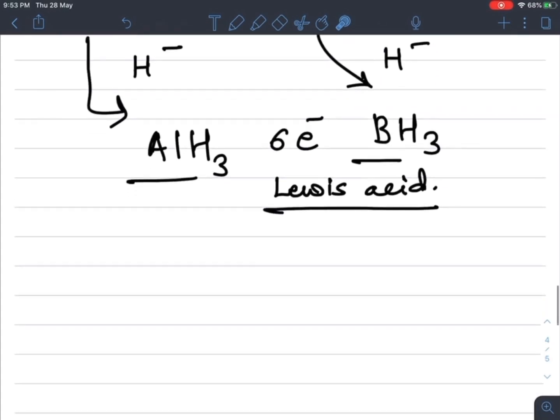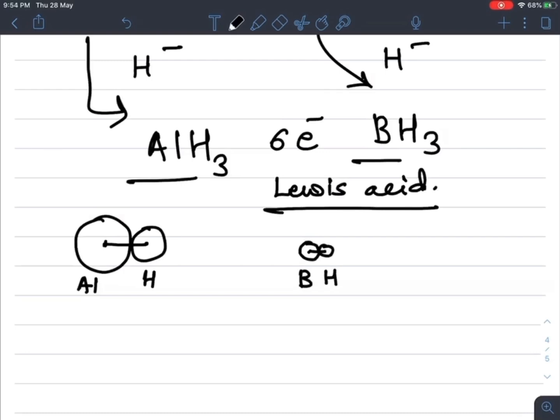Now LiAlH4 is a strong reducing agent because of the size of aluminum. Suppose this is the size of aluminum, and this is the hydrogen. So if we see the bond length, suppose this is the Al, this is hydrogen, and comparatively boron and hydrogen. So this is the size of boron and this is hydrogen.